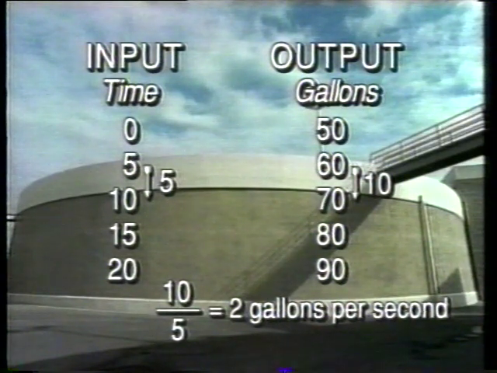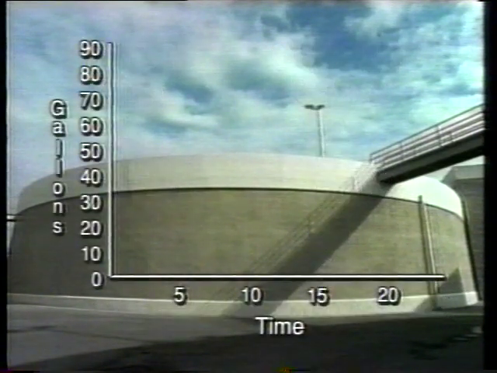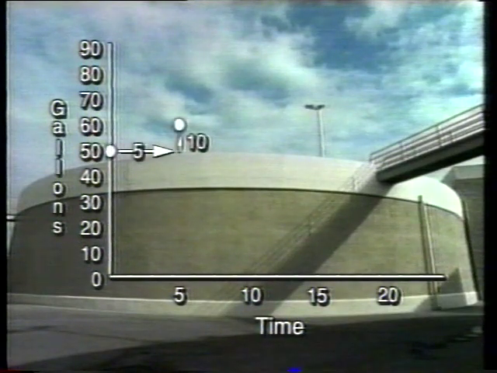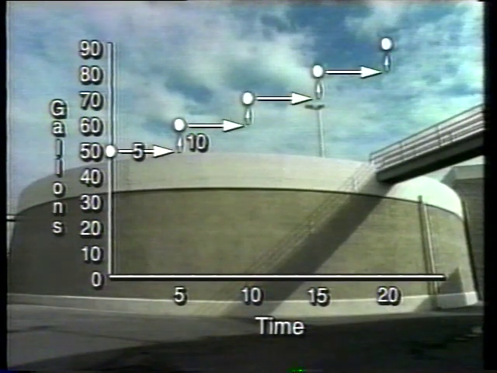We've seen how the rate can be found in a table. Now, how is that aspect of the relationship expressed in the graph? The increase of 5 seconds in time appears in the graph as a horizontal distance. The increase of 10 gallons is a vertical distance. Because the rate is the same for every pair in the table, the points lie along a straight line.